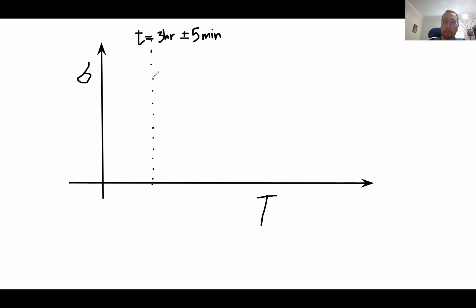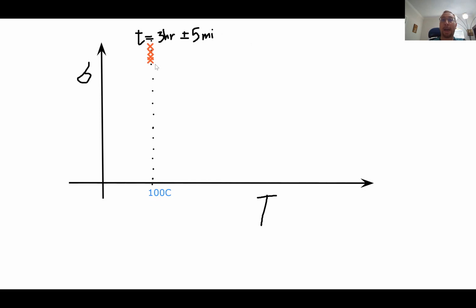At each point, we repeat the experiment. So we make multiple samples at this temperature, let's say 100 C. We repeat the experiment and make multiple samples at this temperature.